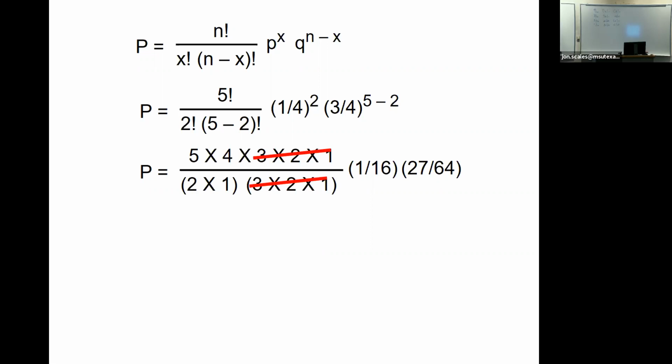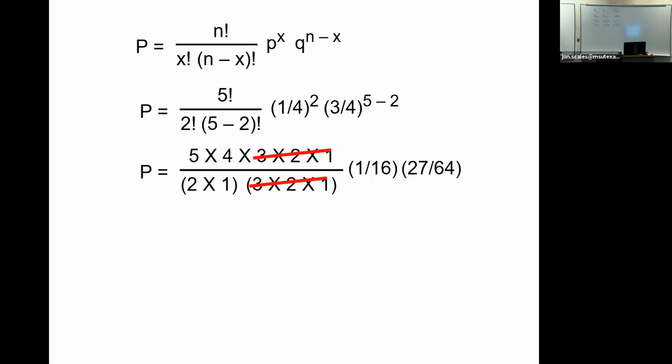So is there really 10 different ways that can happen? Because you've got 5 kids, okay, and 2 of them need blue eyes. So one way that can happen would be the first 2, right? So we'll put blue, blue, not blue, not blue, not blue, right?